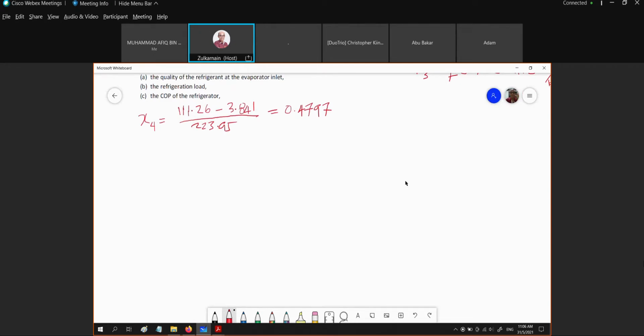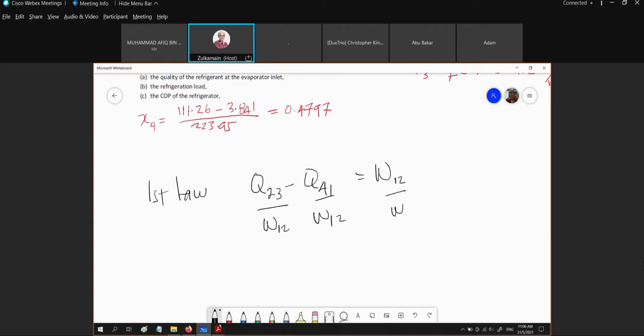Based on the first law of thermodynamics, we will get Q for the refrigerator, which is Q23 minus Q41, is equal to W12. And then we divide everything by W12, which is the W net in.